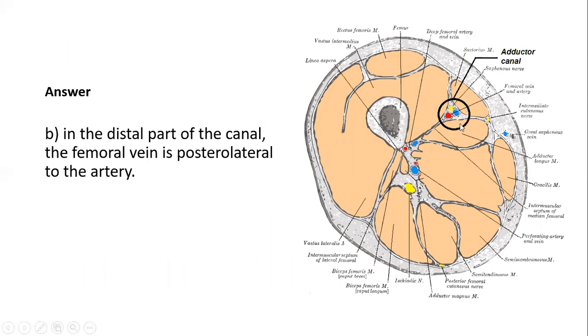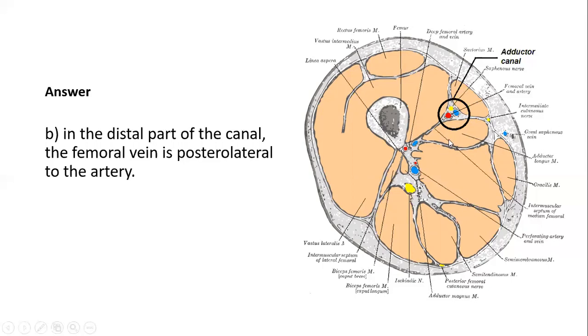In this diagram, you can see this is a transverse section cut at the middle of the thigh. And here, this black circle is enclosing the location of the adductor canal with its contents shown in it. You can see that artery, nerve and vein are shown to be medially located.